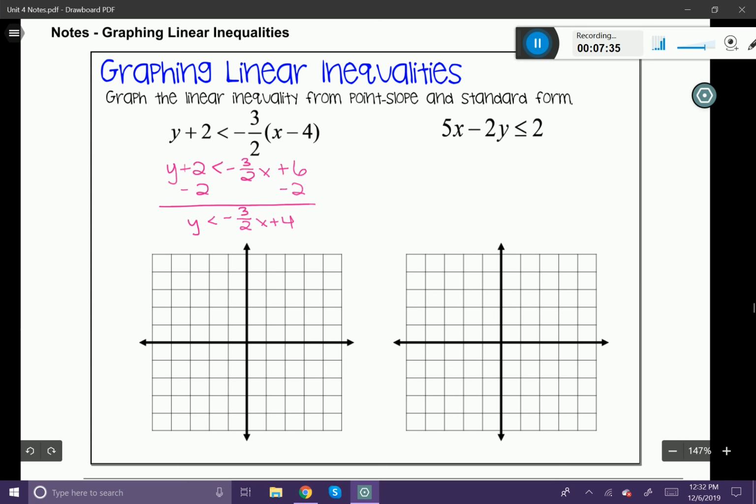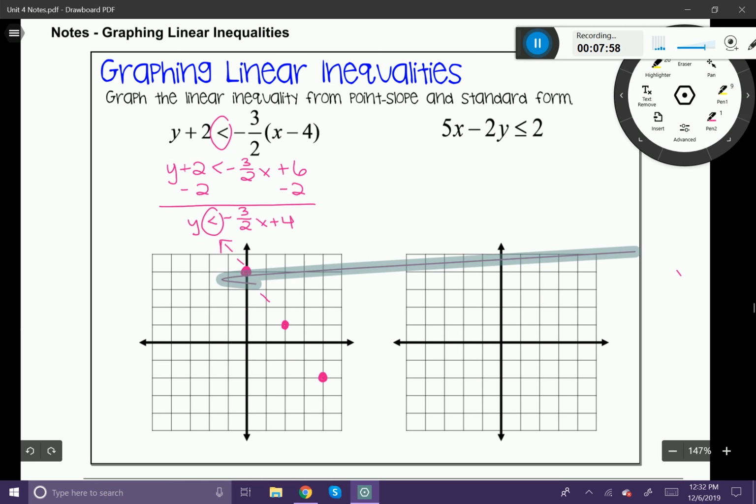Okay, now that I've transferred it, let's go ahead and plot it. I can see that my symbol is less than in the original problem, so therefore I'm going to have a dotted line, meaning it's not going to include that point.